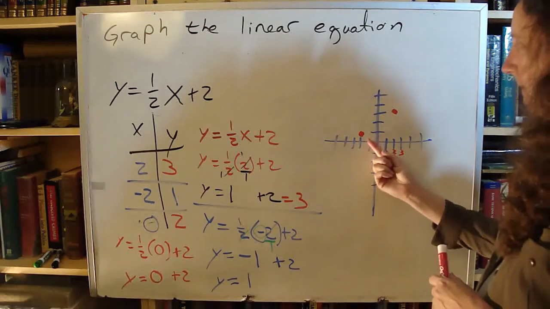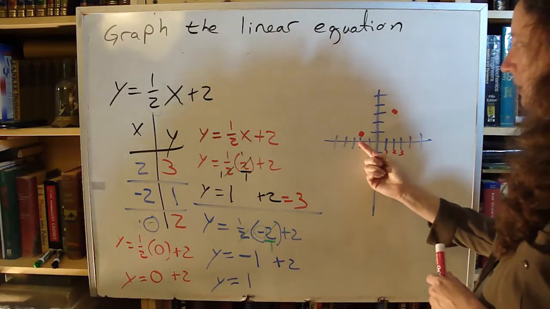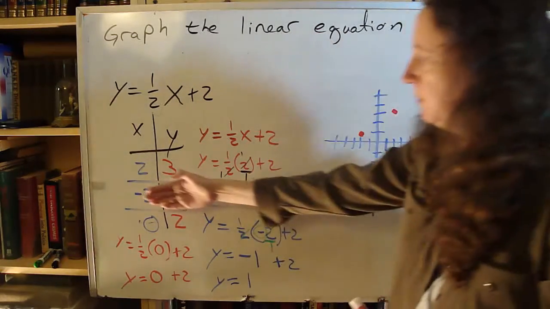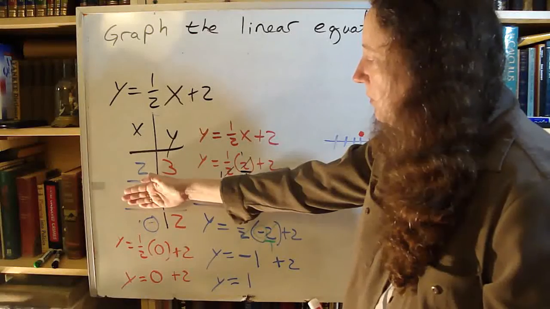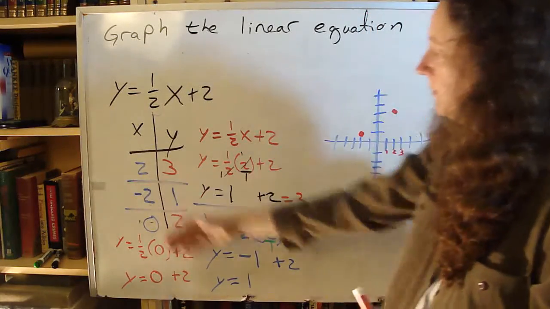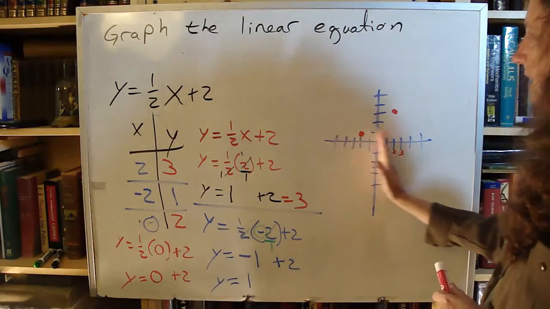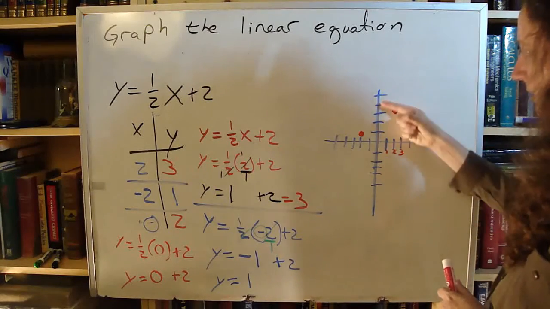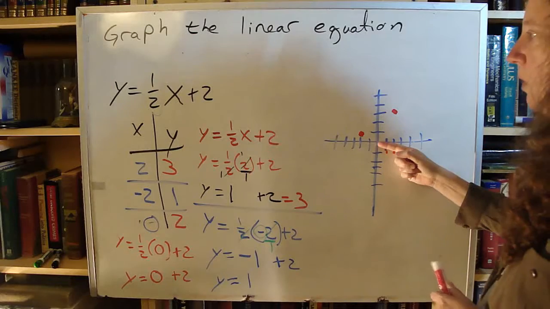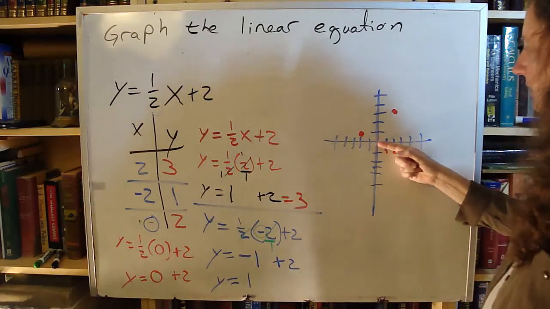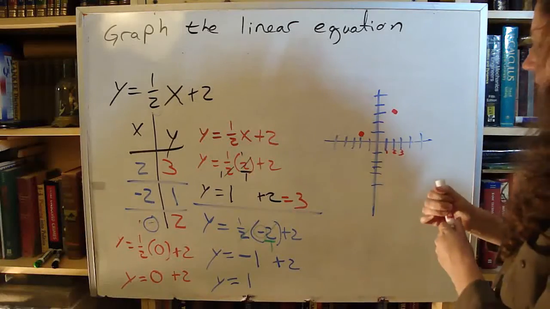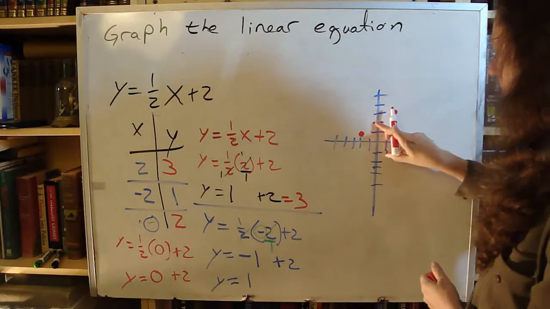So that was back 2, -2, up 1. The last point that I want to graph, 0, 2. So left and right, 0 places, so I'm staying on this line here. And I want to go up 2 because y is +2. So 1, 2. Put my dot in.